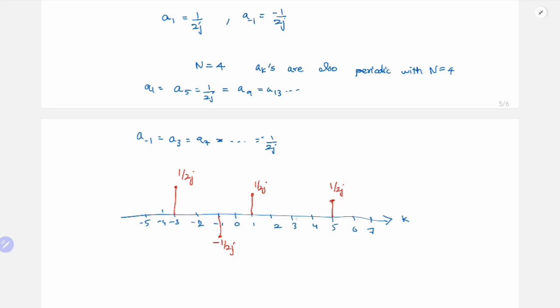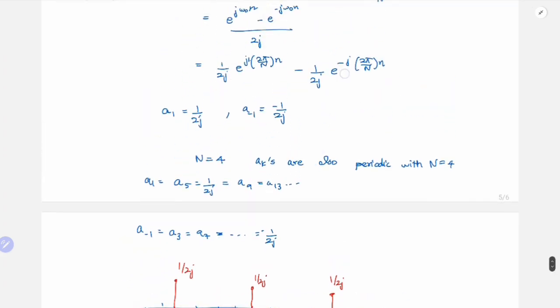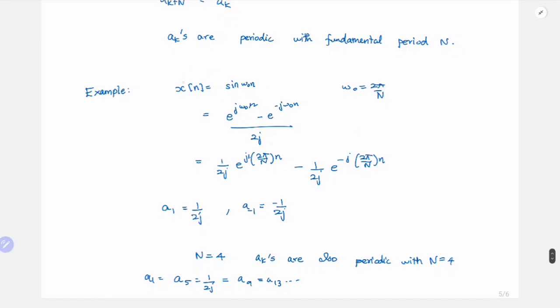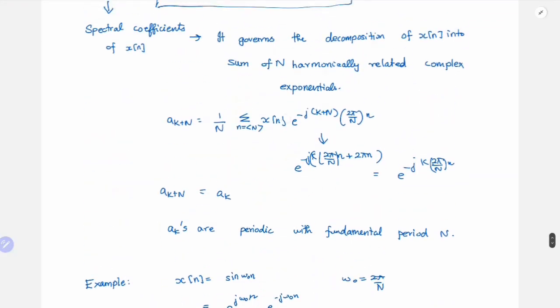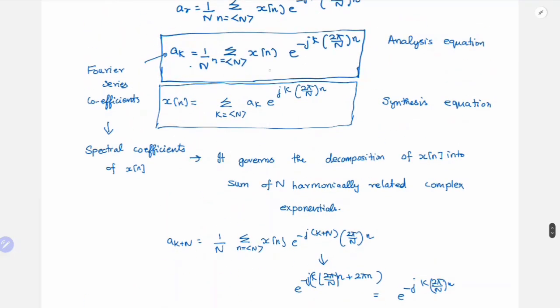And at 3 minus 1 over 2j, and at 7 minus 1 over 2j. And again at minus 5 it is minus 1 over 2j. So this is how you find the Fourier series coefficients. If it is difficult to find straightforwardly, then you have to use the expression for a_k, the analysis equation.